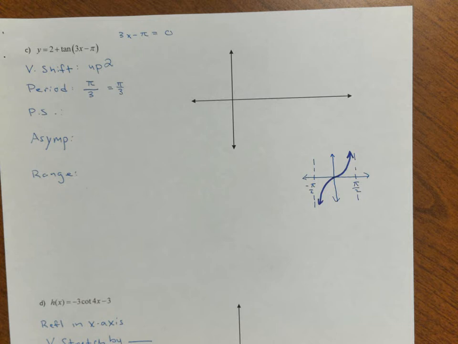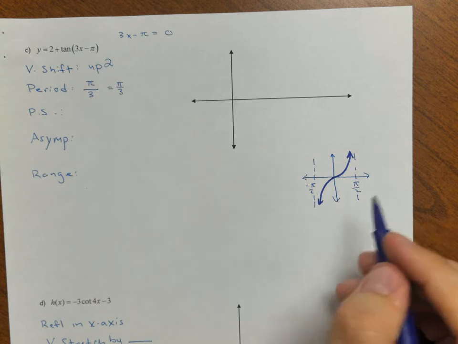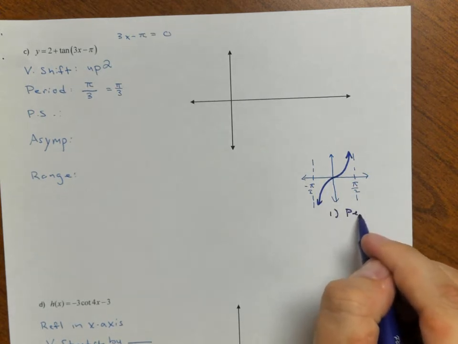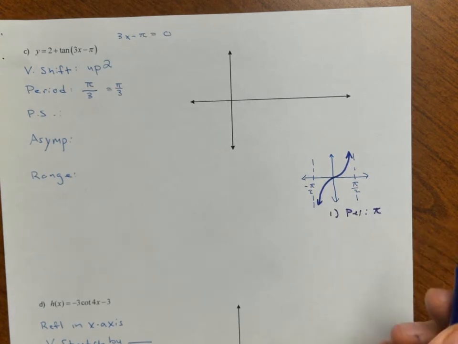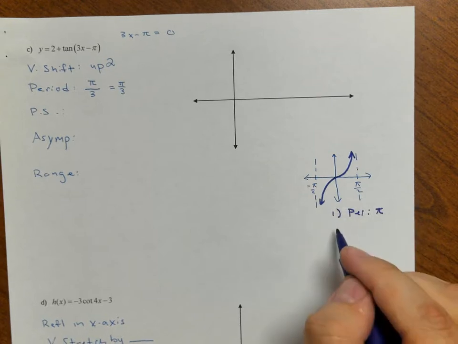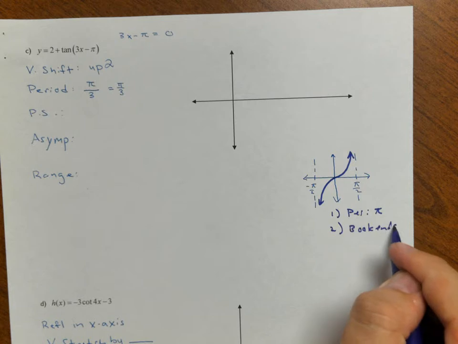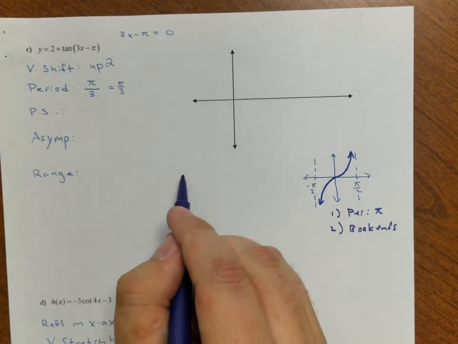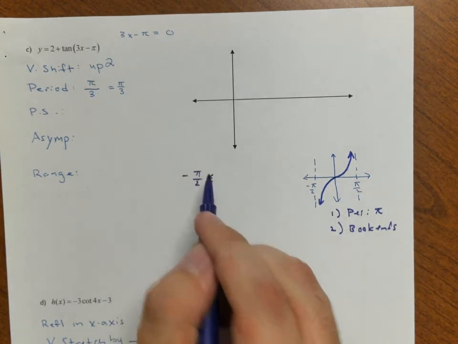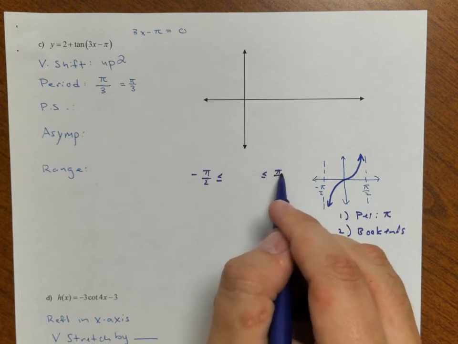Now this is really important for a number of reasons. 1, the period is only pi. 2, what are my bookends? Rather than 0 to 2 pi, my bookends will end up being negative pi over 2 to pi over 2.